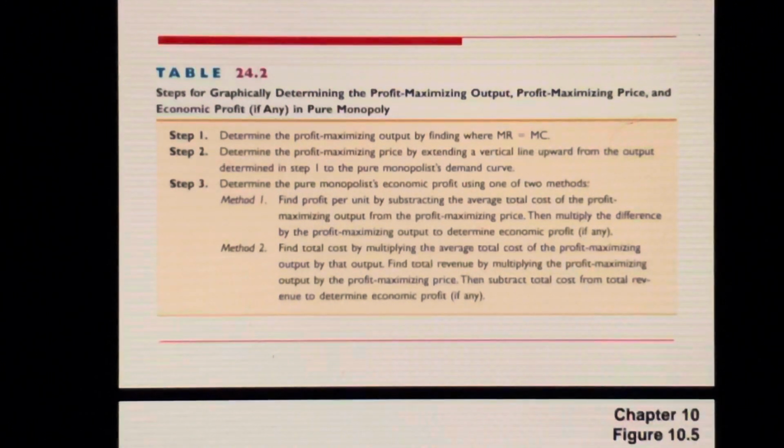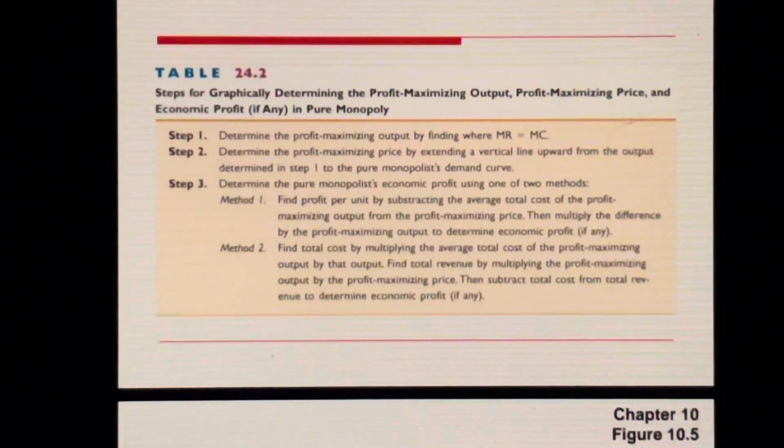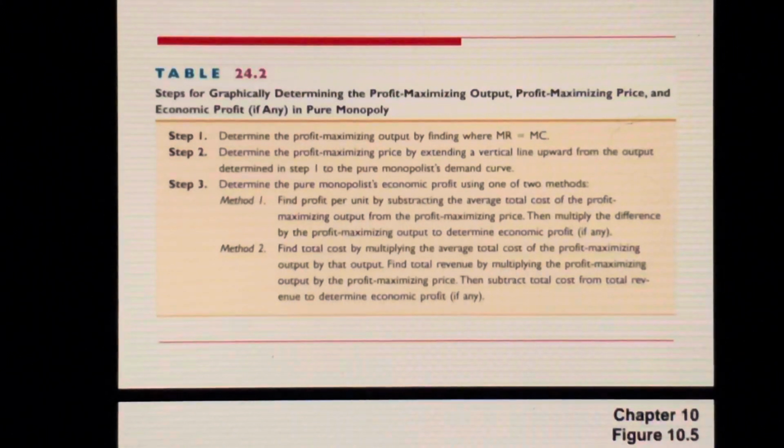Step one, determine the profit-maximizing output by finding where marginal revenue is equal to marginal cost. Step two, determine the profit-maximizing price by extending a vertical line upward from the output determined in step one to the pure monopolist demand curve. Step three, determine the pure monopolist economic profit using one of two methods.